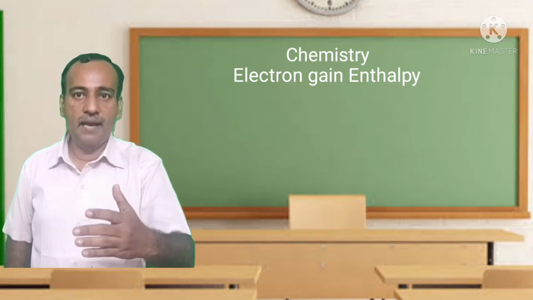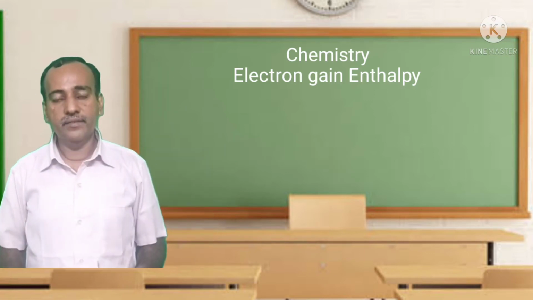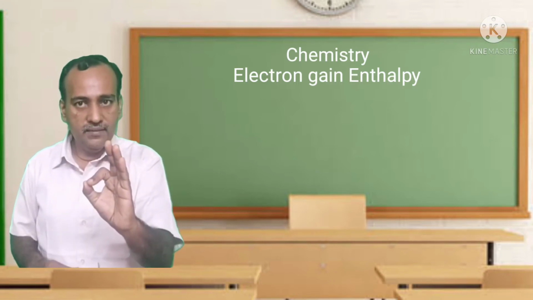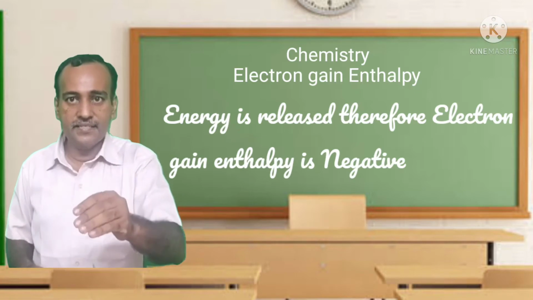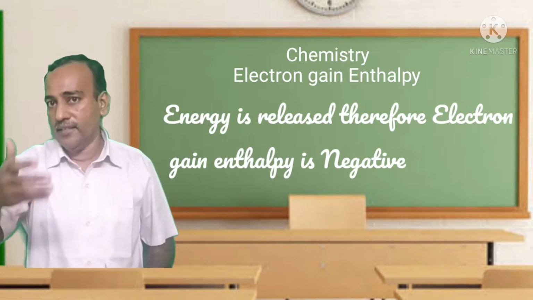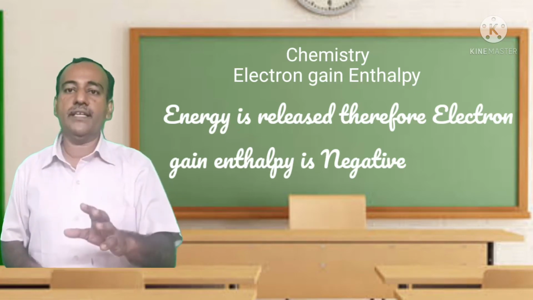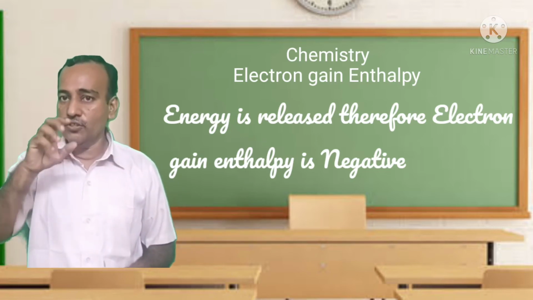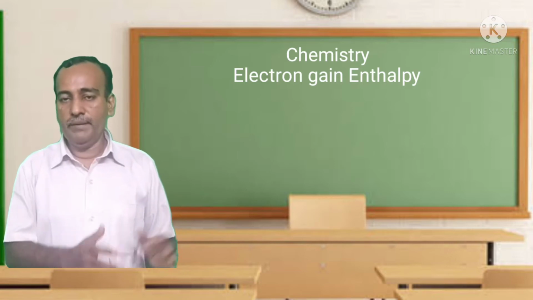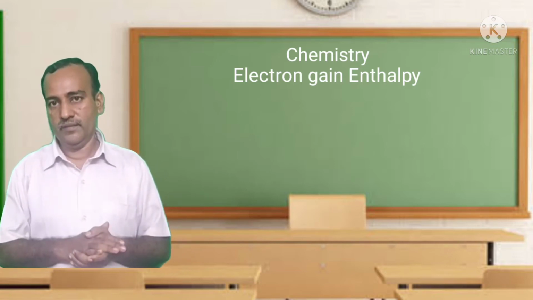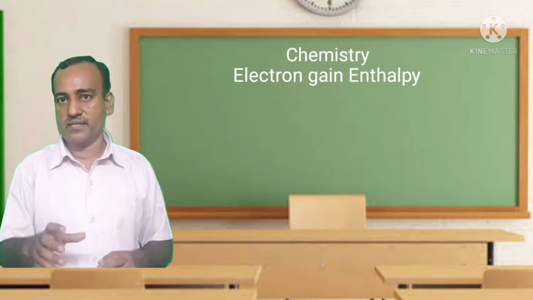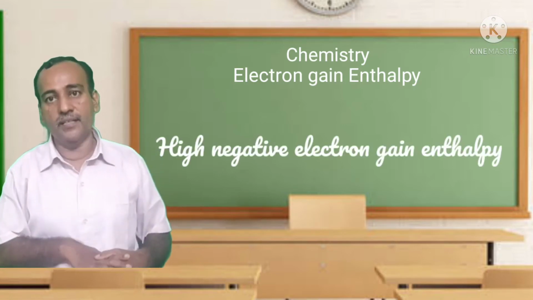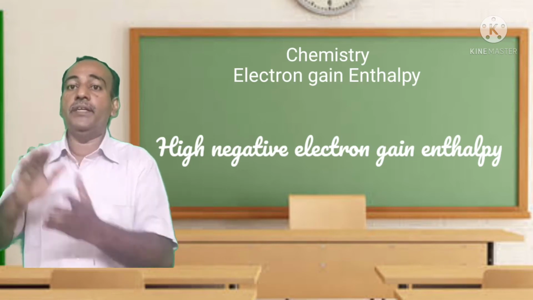Hence, halogens have very high electron gain enthalpy value. Since energy is released during the electron gain process, electron gain enthalpy value is always negative. That is why we normally say when we move from left to right, halogens possess very high negative electron gain enthalpy in the corresponding period.